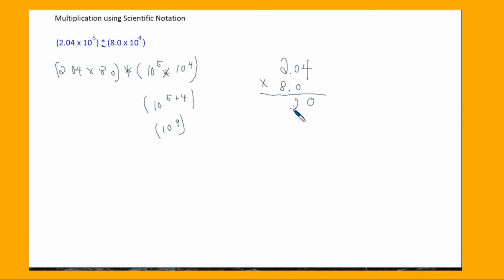So I put my 2 here and we would carry the 3. 8 times 0 is 0, so 3 plus 0 is 3.